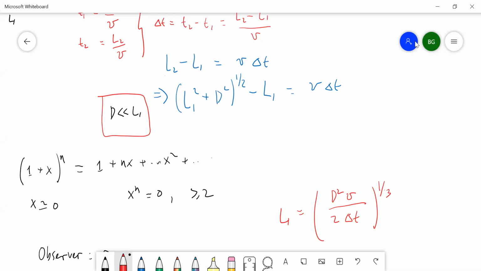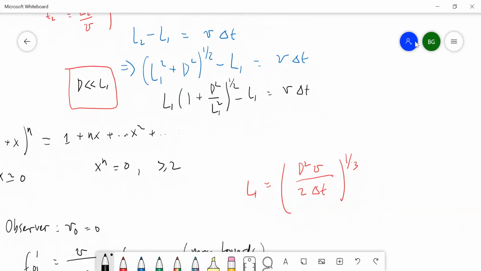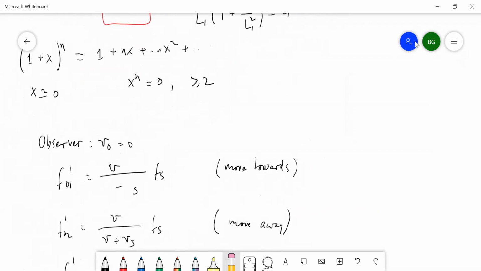Okay. If this is the case, then it should be L1 times square root of 1 plus D squared over L1 squared, minus L1, equals V delta T. Then the solution is much simpler, I think.